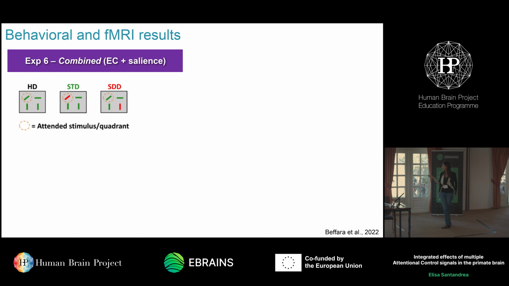And we also measured fMRI activations for many different signals. And for example, we studied the combined influence of top-down attentional control and salience. And in this case, we used only valid cueing for different quadrants, and 3 conditions in terms of salience. So we had the homogeneous display, a display in which the target was salient, and a display with a salient distractor.